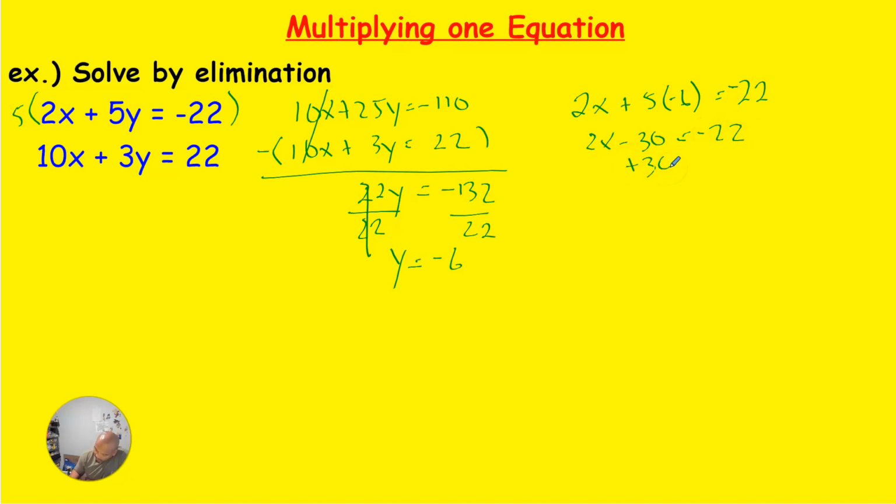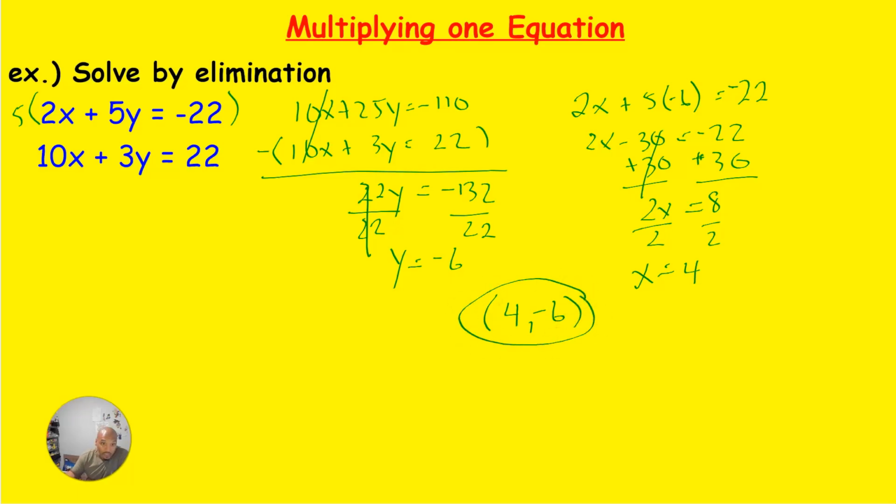We're going to add 30 to both sides. We're going to wind up with 2x is equal to 8. Divide by 2, x is equal to 4. So our solution is (4, negative 6).